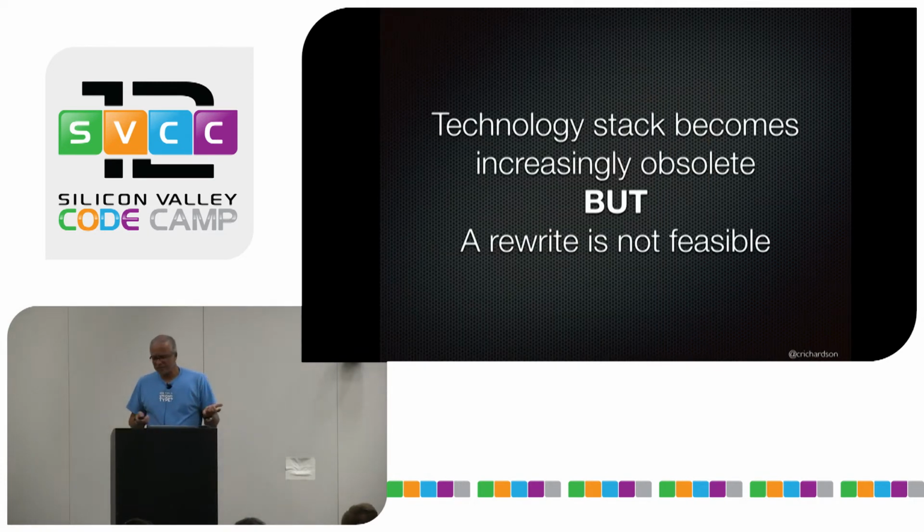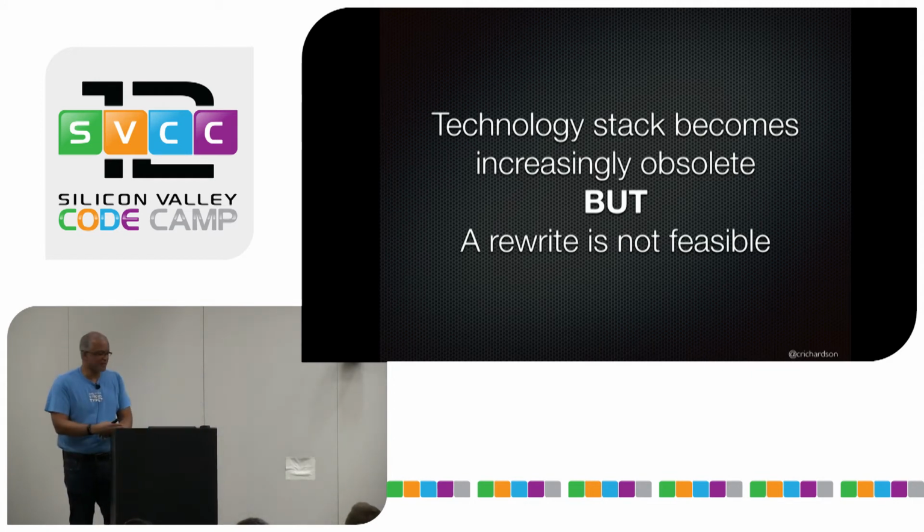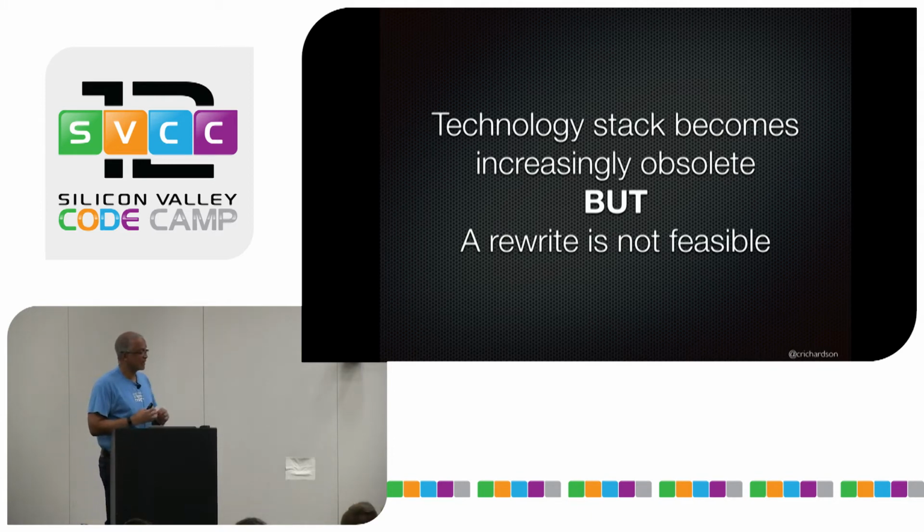And not only that, your technology stack is probably increasingly obsolete, because at the start of the development of your application, you made a bunch of reasonable choices, but 5 years later, technology has moved on for the better, usually. And because you've got this large code base, it's really difficult to rewrite it to use a more modern technology.